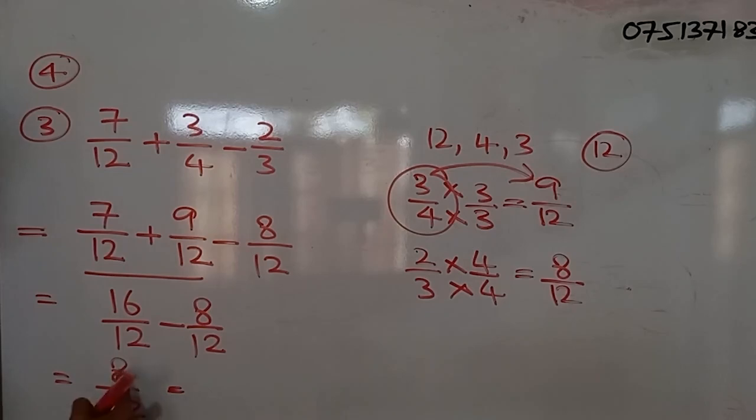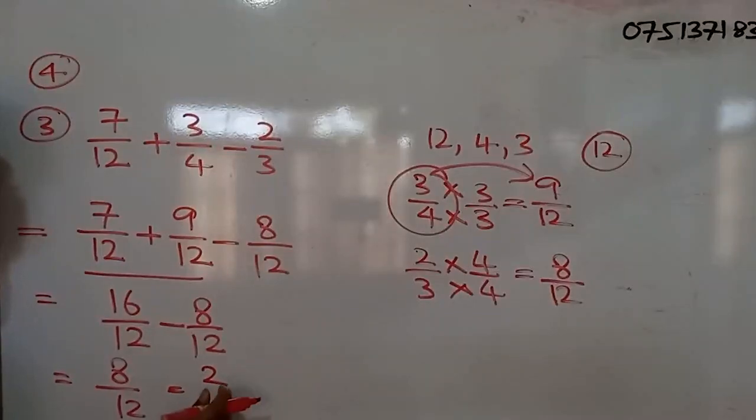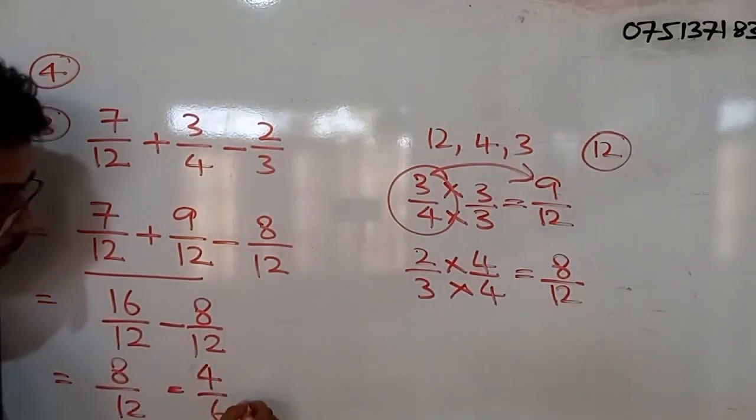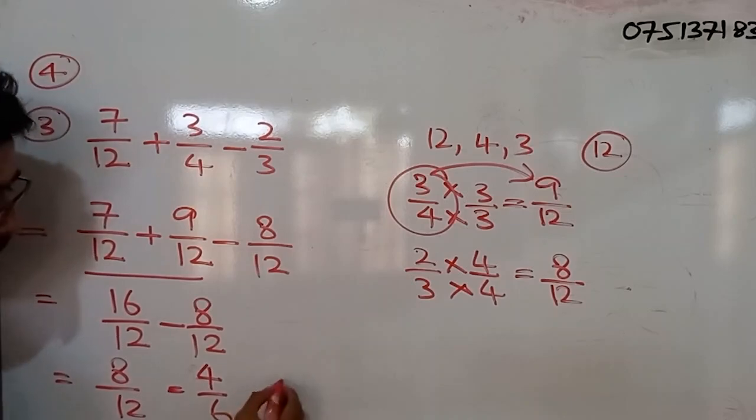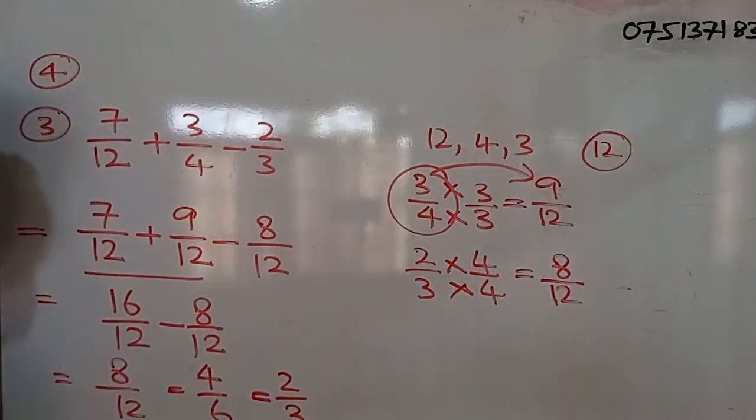I can divide the numerator by 2 and the denominator by 2. Then I will be getting 4 by 6. Again I can divide the numerator by 2 and the denominator by 2, then I will be getting 2 by 3.